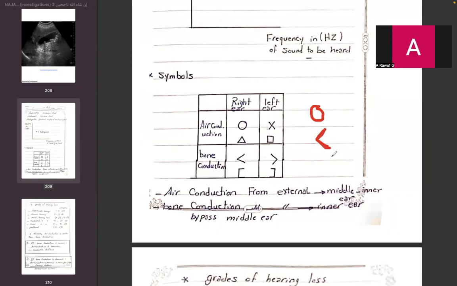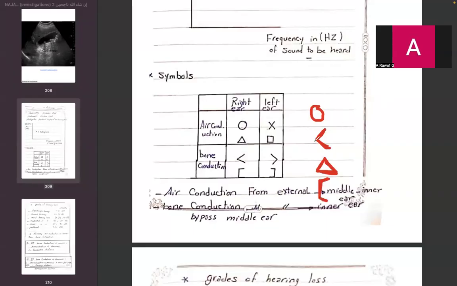You can say less than. Similarly, for right ear air conduction masked it is a triangle, and for unmasked bone conduction it is the open bracket.